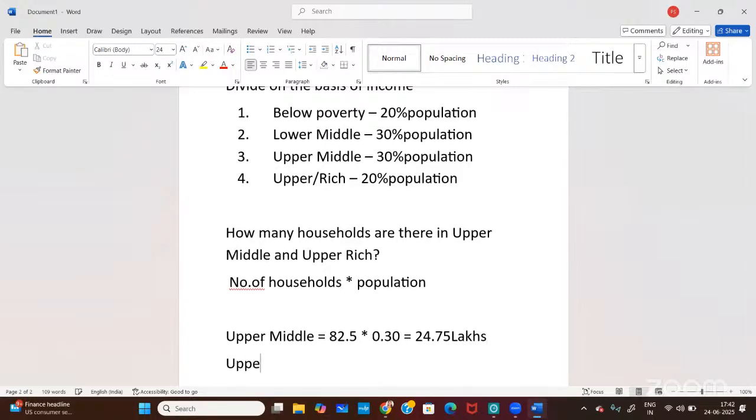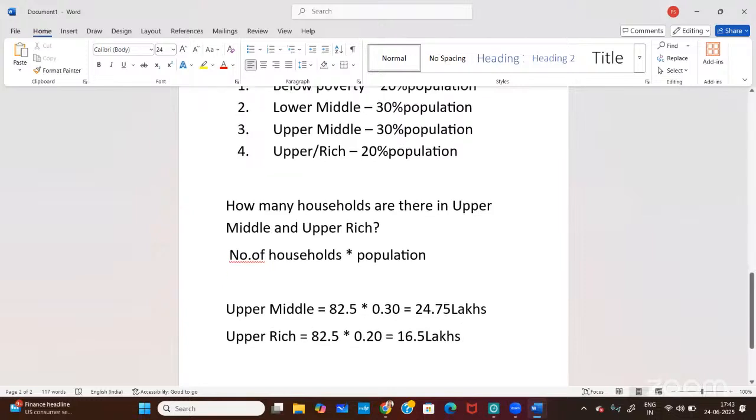And for upper rich, I'll be getting 82.5 into 20%, so 0.20, which equals around 16.5 lakhs.